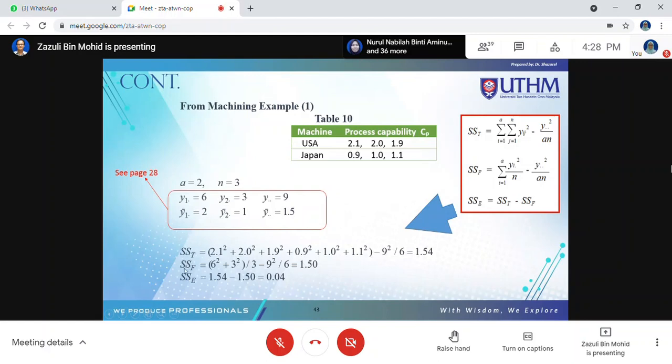The next one is you can calculate the SSF. In this case, we have 1.5. The SSE is 0.04.